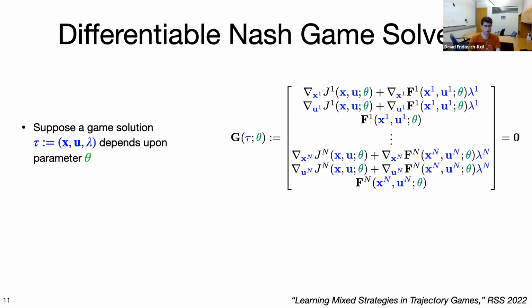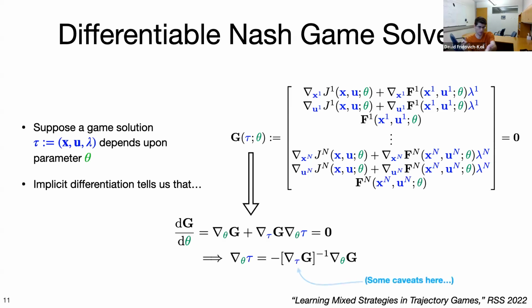If I want to differentiate tau with respect to theta, the implicit function theorem tells me to play a trick like this. Take dg/d theta. The total derivative with respect to theta should be 0 on this manifold g equals 0. So the total derivative should be the partial derivative with respect to theta plus the partial derivative with respect to tau times d tau/d theta.